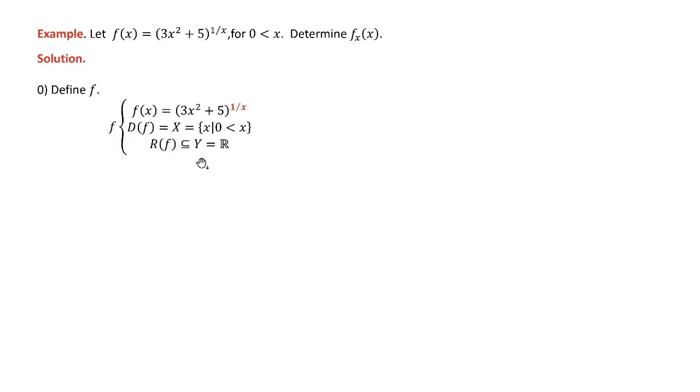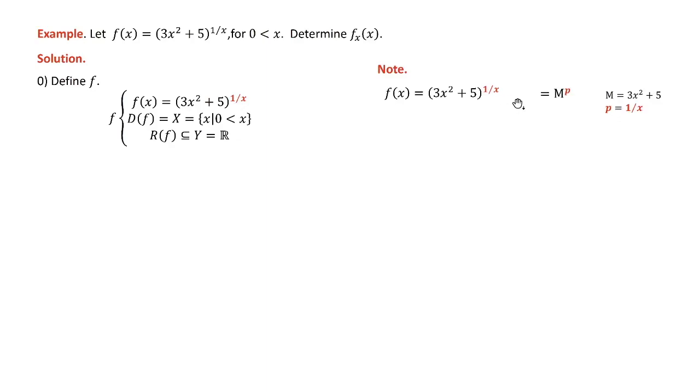Again, I'm looking at the function and I notice that in fact the power does depend on the variable, right? The base is not e. So I want to take a preliminary step of taking the logarithms, right? My base in this case is the 3x squared plus 5, and my power is 1 over x. So I have the form of a base times a power.